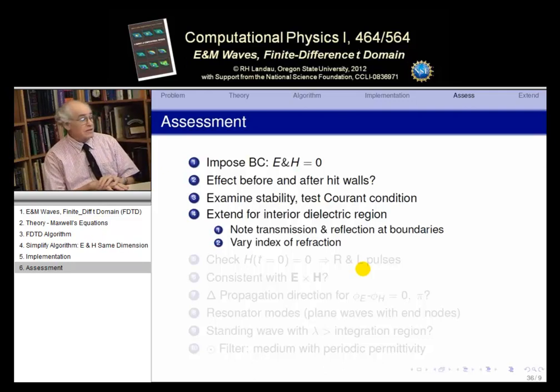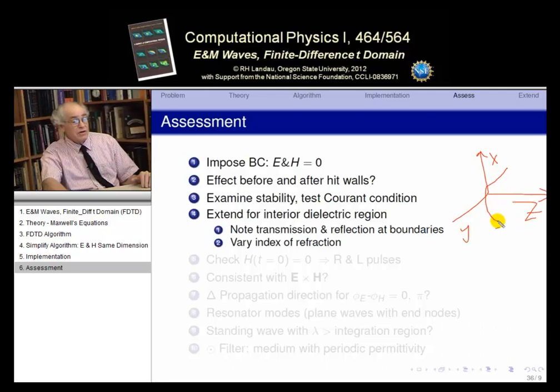Do something interesting, saying, okay, we have our solution in space-time. We've drawn that here. So this is X, Y, this is Z. What if we have in this region here a block of some sort, a dielectric block that the wave has to travel through?